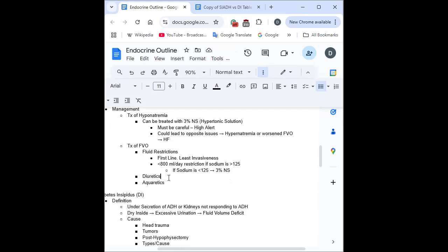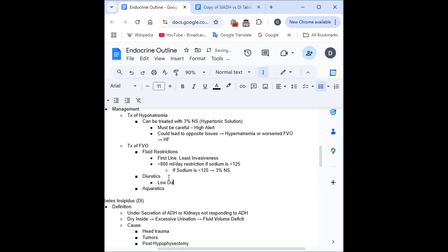So then we talked about the diuretics. This would be a low dose of Lasix or thiazide. And I think someone mentioned Bumex. Worth keeping in mind that Bumex is actually much stronger than Lasix, like 40 times stronger. Lasix is strong, and the thiazide is one of the weaker ones.